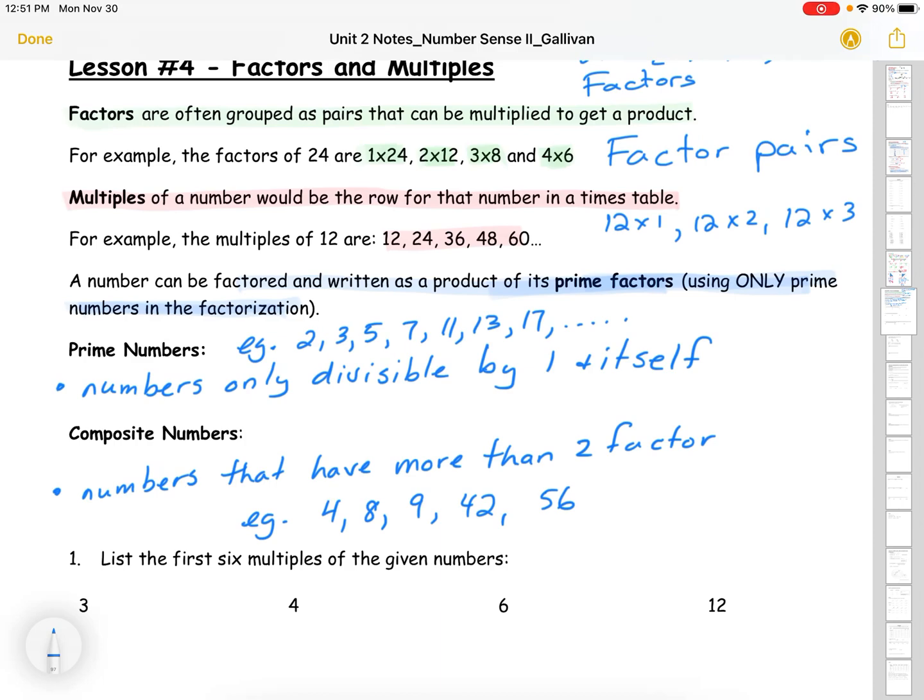All even numbers above 2 are going to be composite because they're all divisible by 2, 81, etc. Okay, so anything with more than 2 factors is going to be composite.